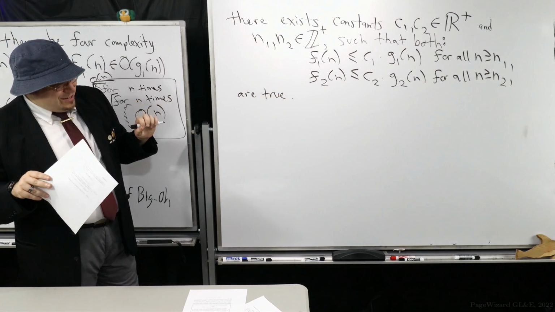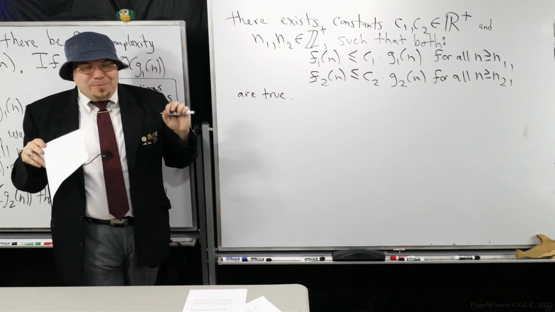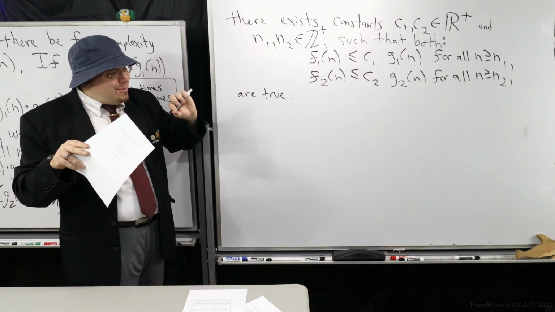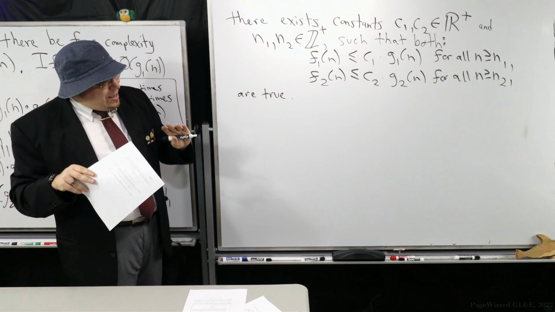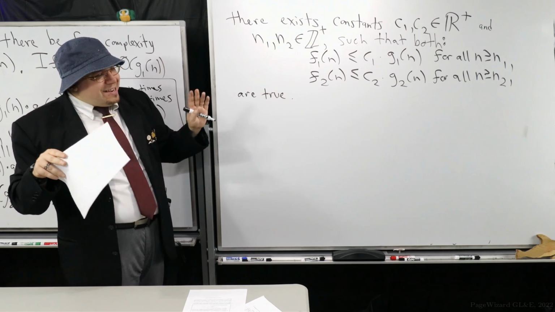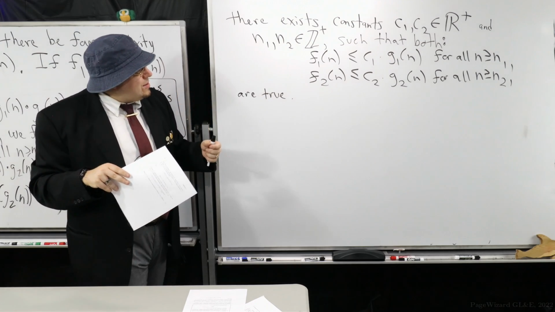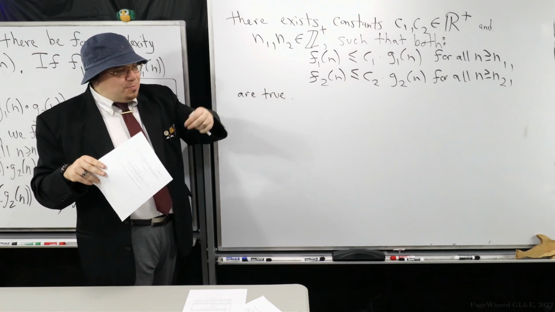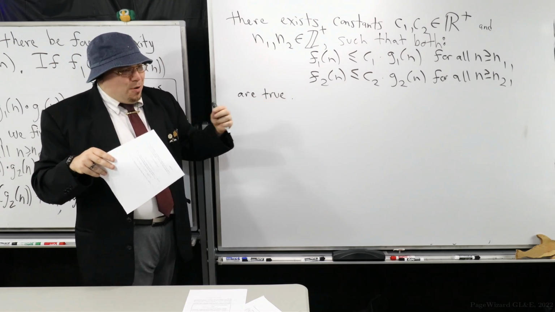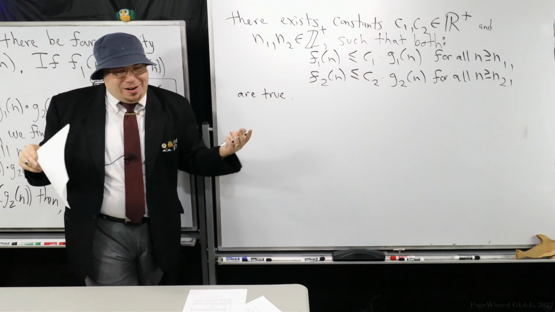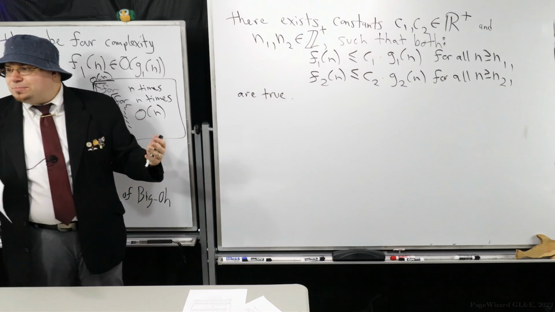But here's the catch. I want to make something that looks like F1 times F2 on the left-hand side. Does anybody see anything I can do here to make that happen? Before, we usually just summed the inequalities. Can I multiply? Sure, I can multiply. Let's try multiplying.